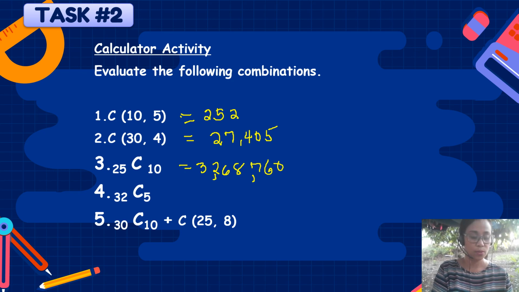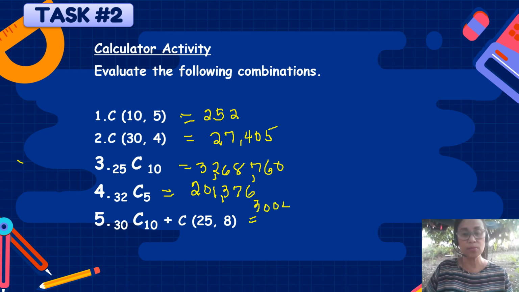Next is 32 choose 5. You have 201,376. And then the last one is 30 choose 10, which is equal to 30,045,015. You also have to add 25 choose 8, which is equal to 1,081,575.